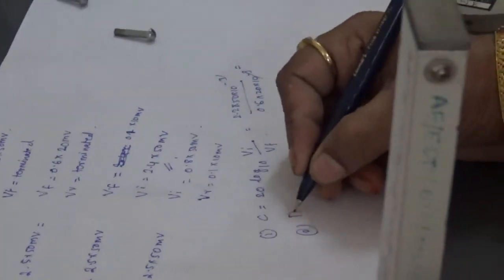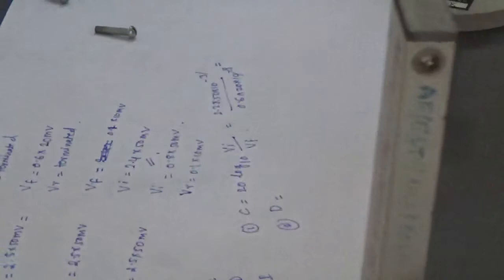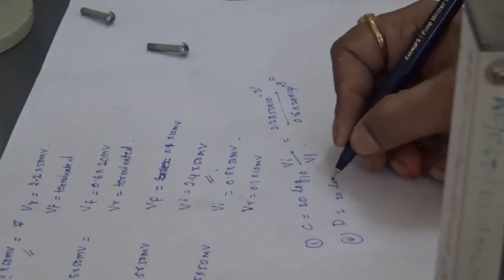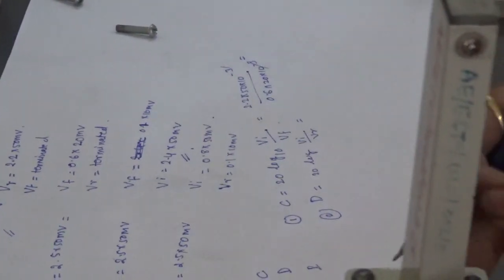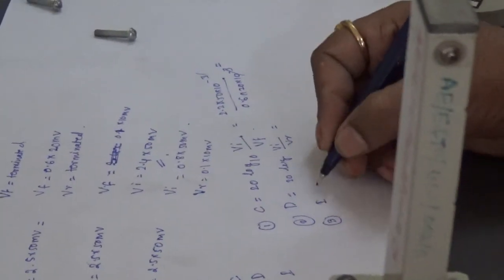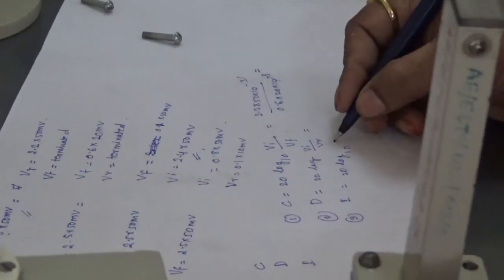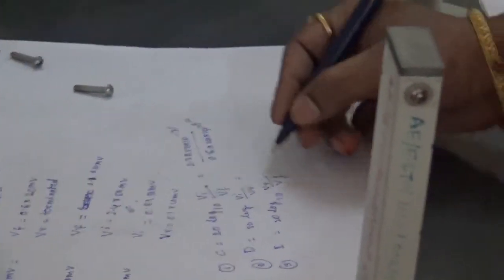Directivity is a ratio of two powers, that means between this and this one, 20 log base 10 of VI divided by VI. Then the third one, isolation. Isolation is a ratio of 20 log base 10 of your power, that is VR, divided by your back power, that is VF.